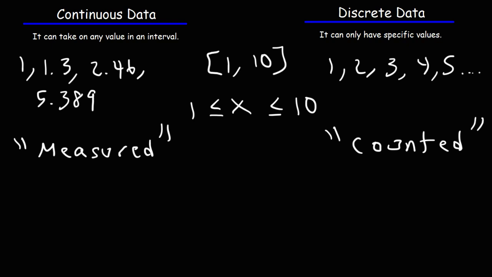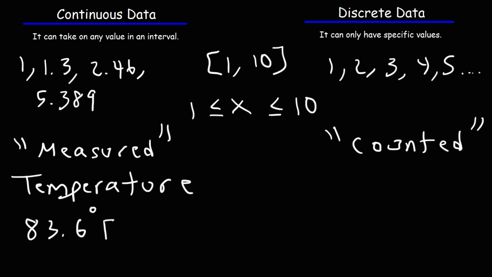So a good example of continuous data would be temperature, because you can measure the temperature on any given day. For instance, today it might be 83.6 degrees Fahrenheit, or tomorrow, let's say in the desert, it might be 99.46 degrees Fahrenheit. So this is something that can be measured.